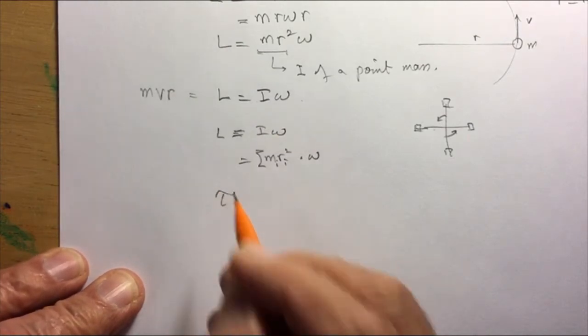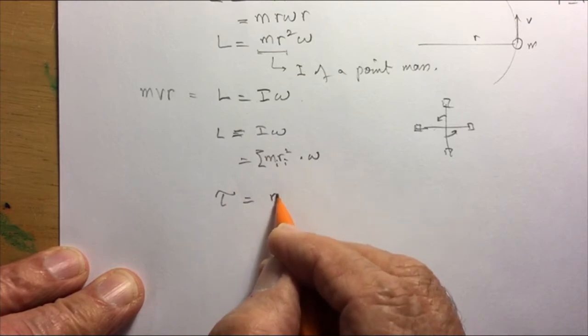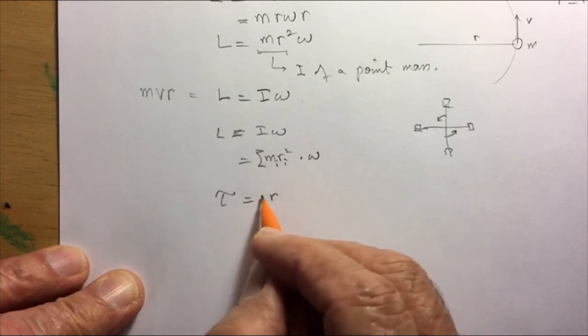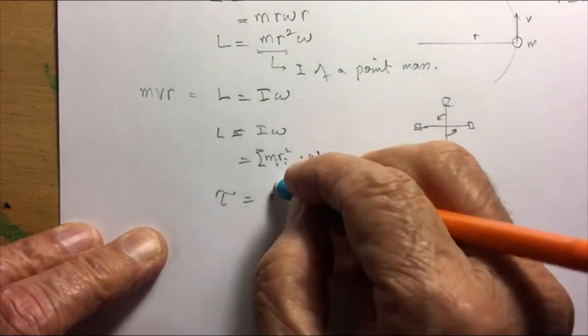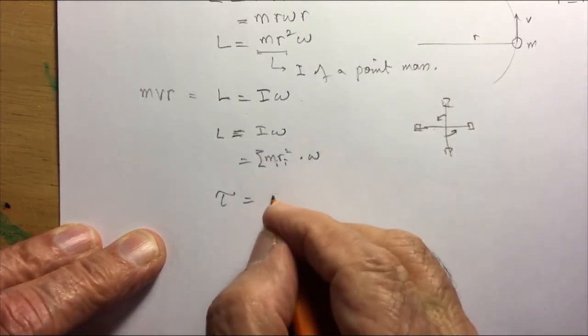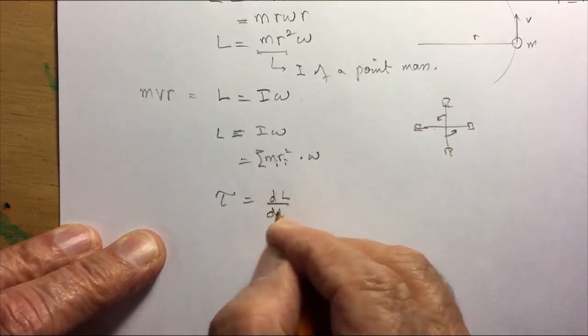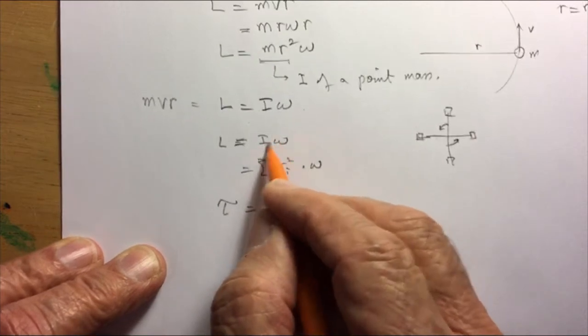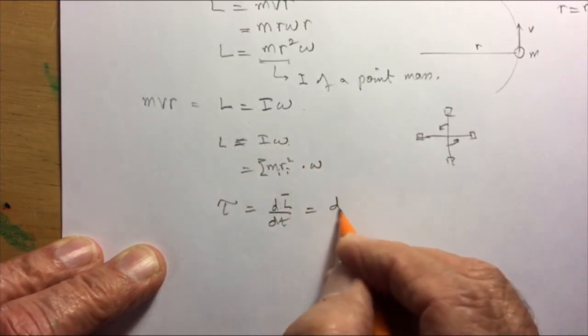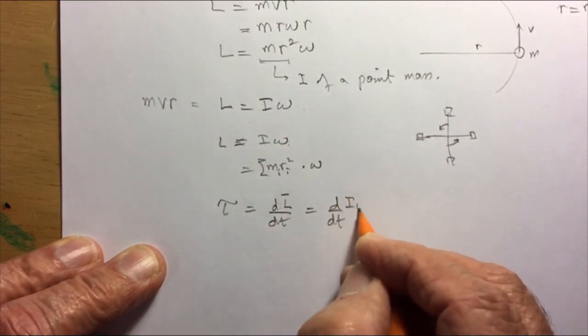And well, if we write this as before, that the torque is dL by dt, and L is I omega, then this becomes d by dt of I omega.